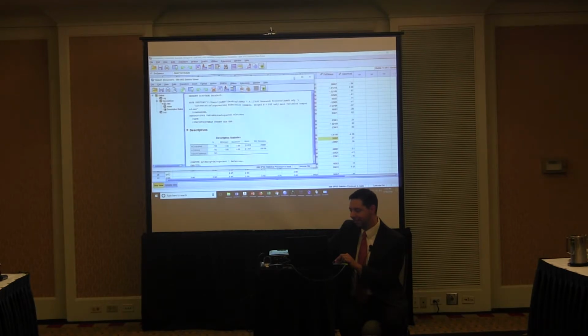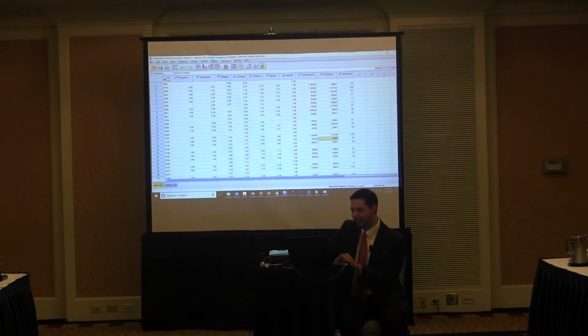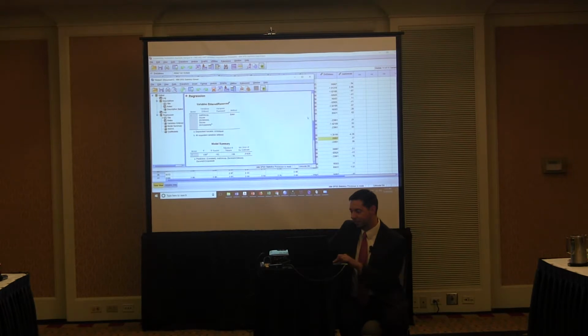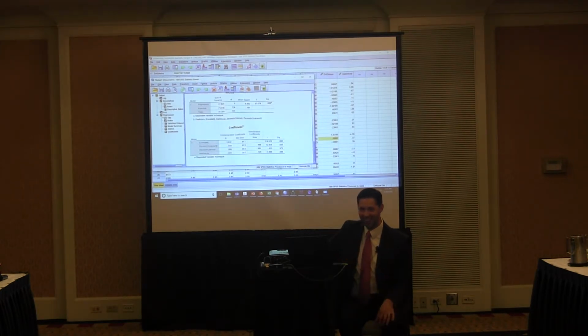So now I've got the variables I need. Then I run a regression. Mom's relationship quality predicted by the main effect of stress, co-parenting, and that interaction effect. And there it is. What time is it? 50 seconds. Whew. It can be done in under a minute.